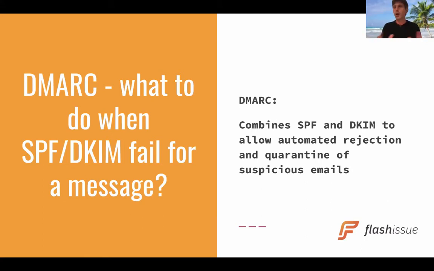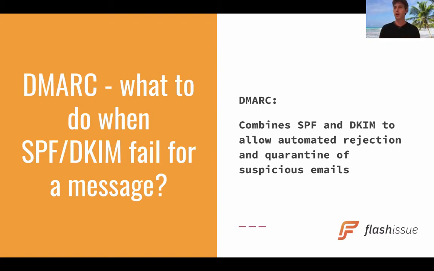So there are two options here. Either the receiving server says, I'll decide if it's spam or not, or the other option is DMARC. With DMARC, the owner of the domain, so if I own flashissue.com, I can set up a DMARC option that tells everyone that receives a flashissue.com email that if SPF or DKIM fail, I want them to automatically flag the message as spam, or automatically bounce it, or automatically quarantine it and send it to me for inspection.